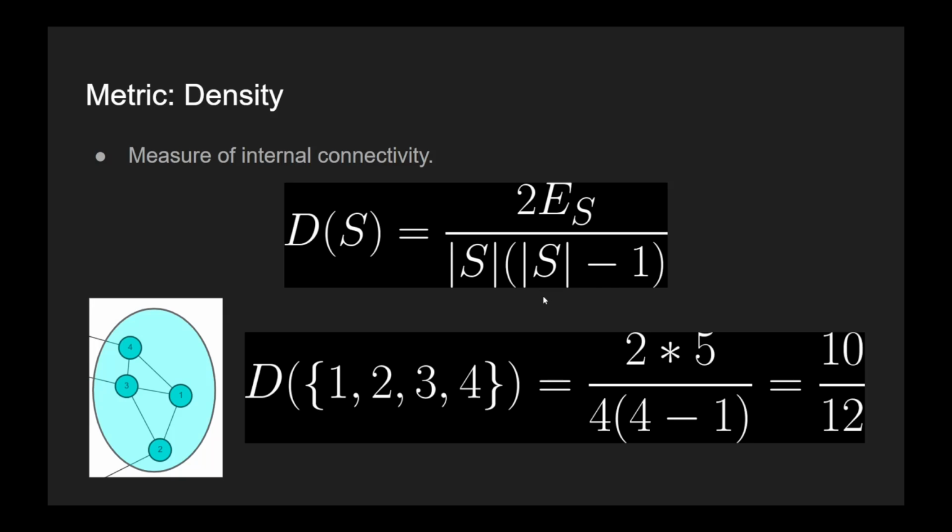The division by 2, since it was dividing, the denominator got popped up to the numerator. And so here we can see we have a value of 10 over 12. So that's pretty good. It's only missing one other edge that could exist, which would be between 2 and 4. So this is a dense subgraph.